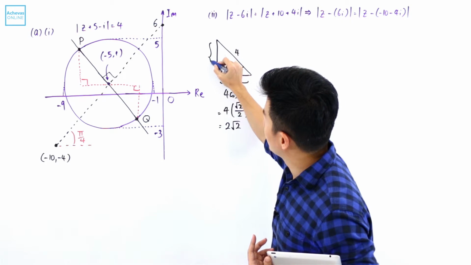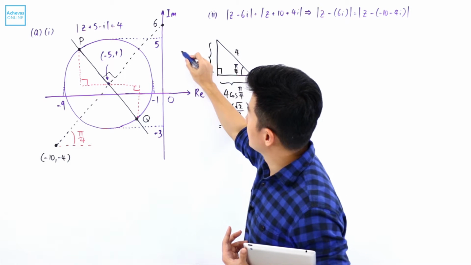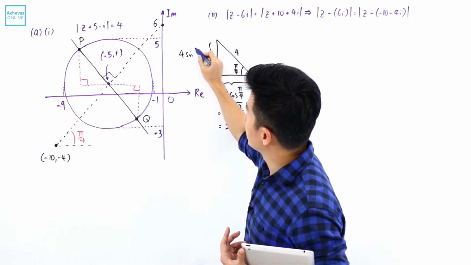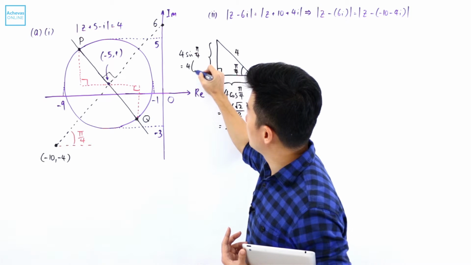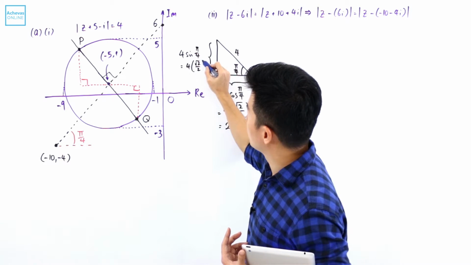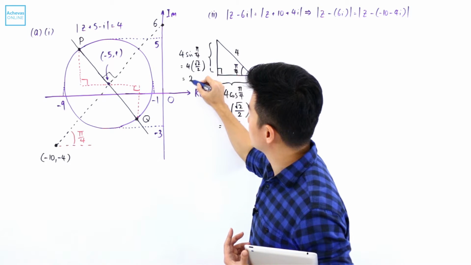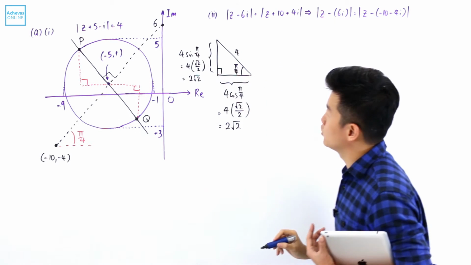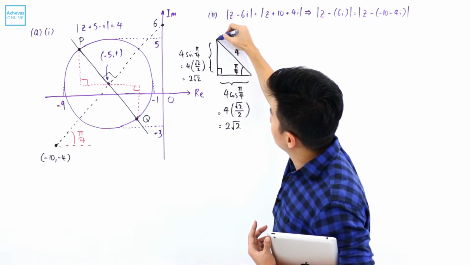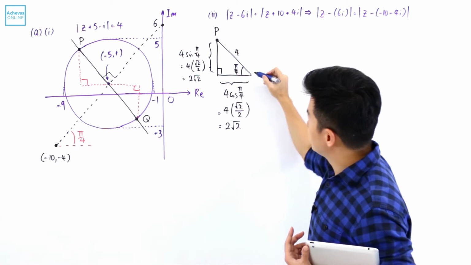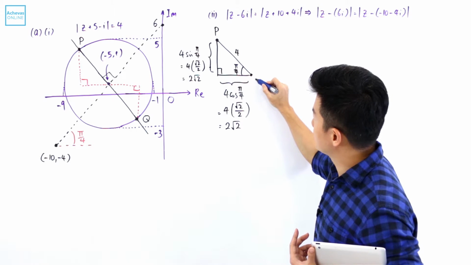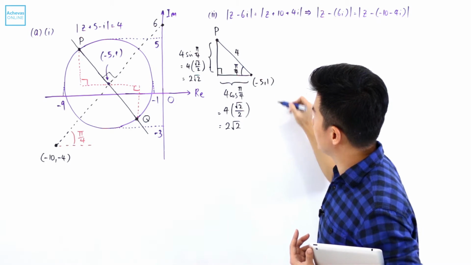The same for this. This is going to be 4 sine of pi over 4, which is equal to 4 multiplied by square root of 2 over 2, which is equal to 2 square root of 2. The tip of this triangle here is point P, and the other tip has a coordinate of minus 5 and 1.